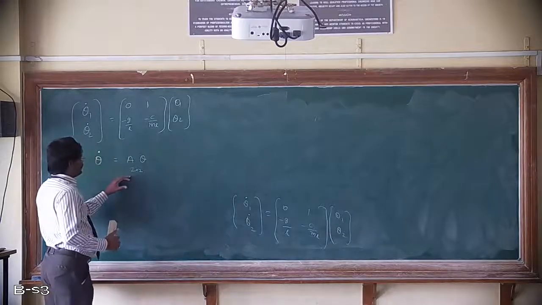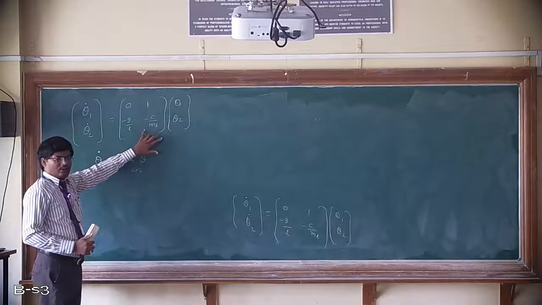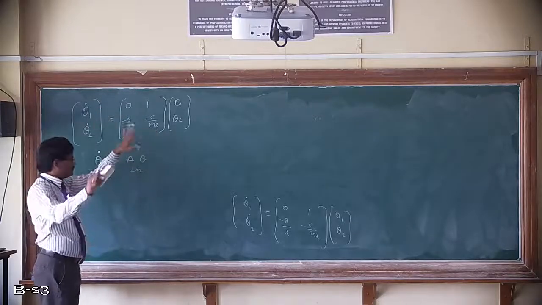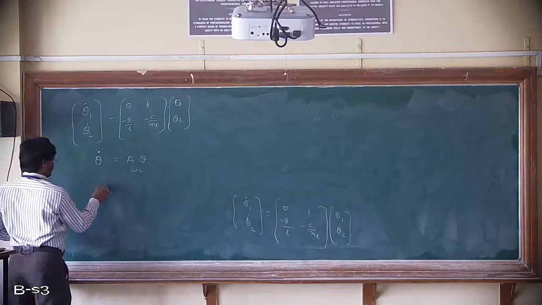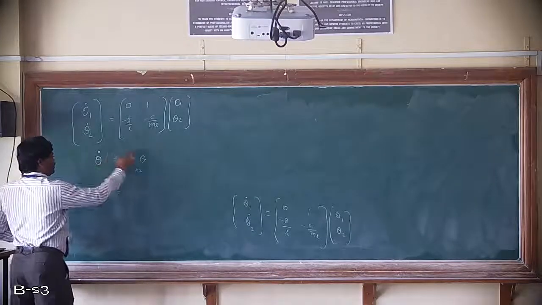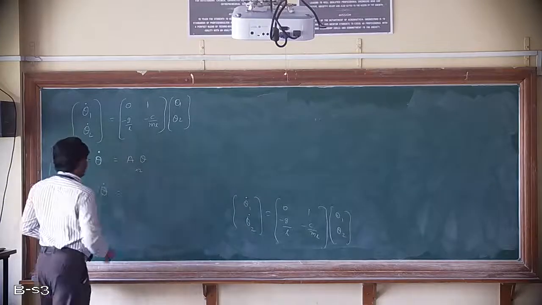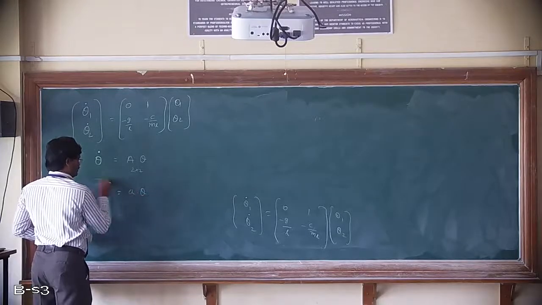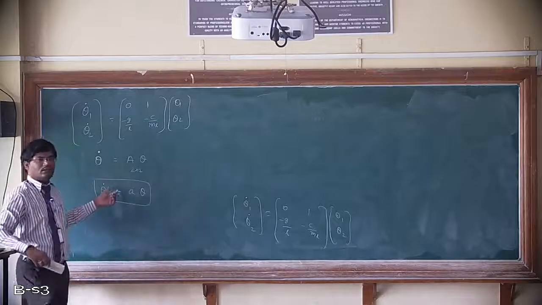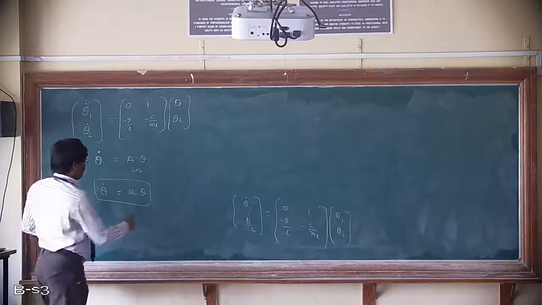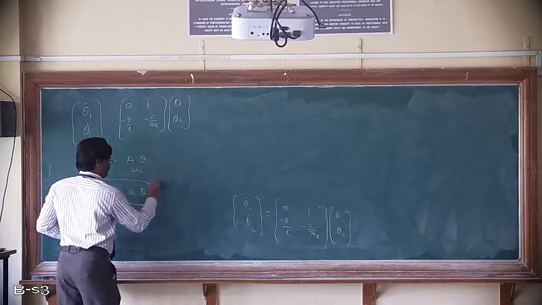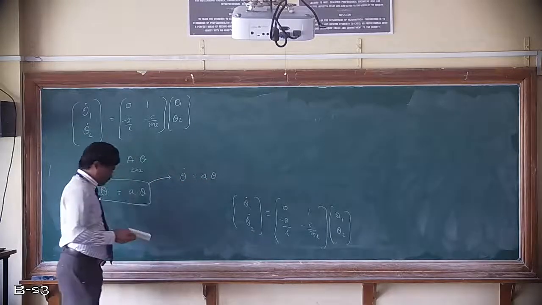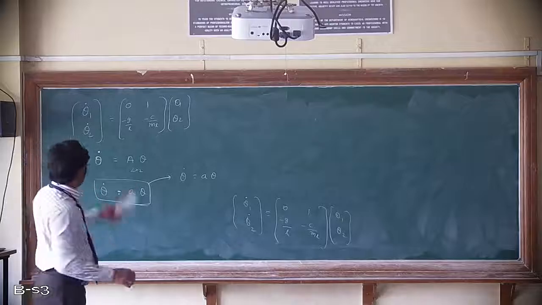Just think about it. This is a 2 by 2 matrix. Now you have to solve these first order differential equations. Now just forget about that. Just take theta dot as a function of, in place of second order, just take it as first order, A into theta. We need initial conditions to solve this numerically.